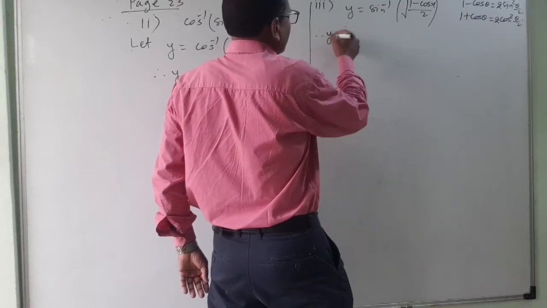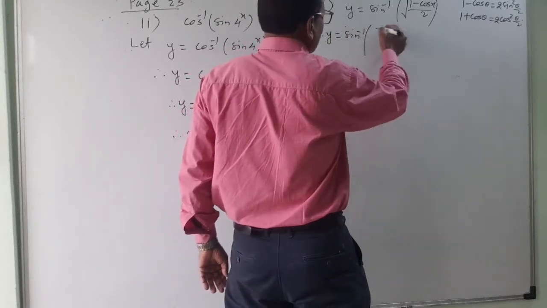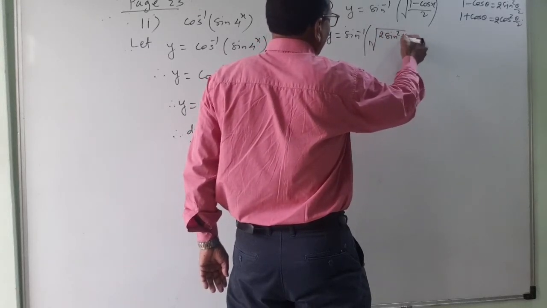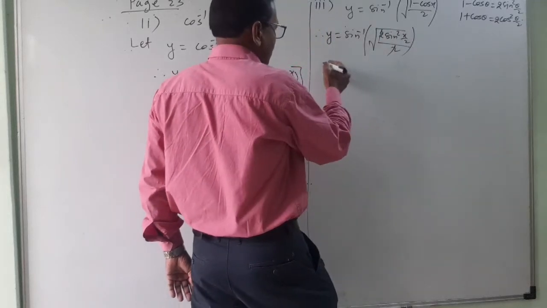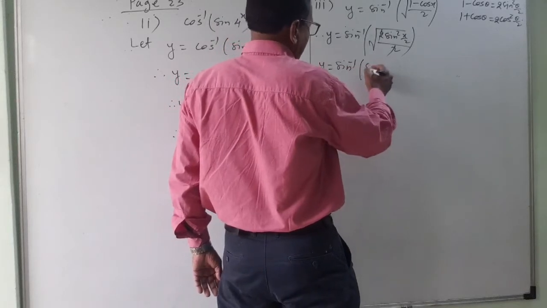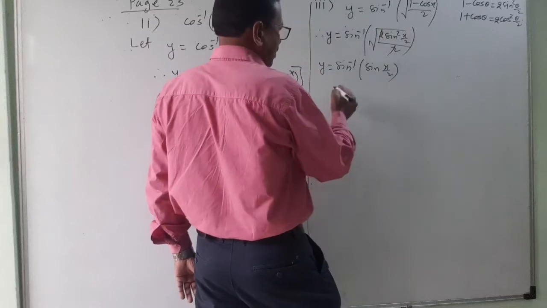Therefore y is equal to sine inverse of root of 2 sine square x upon 2 upon 2. This will get cancelled. Therefore y is equal to sine inverse of sine of x by 2 under root of sine square.